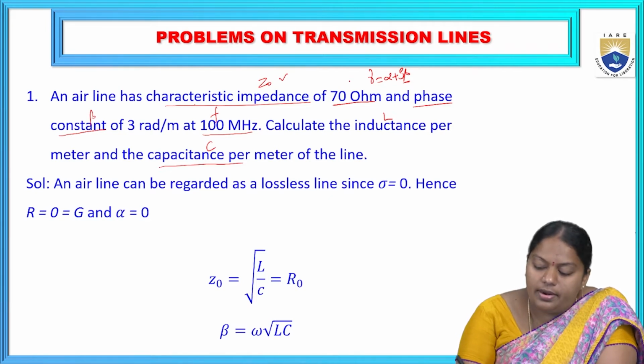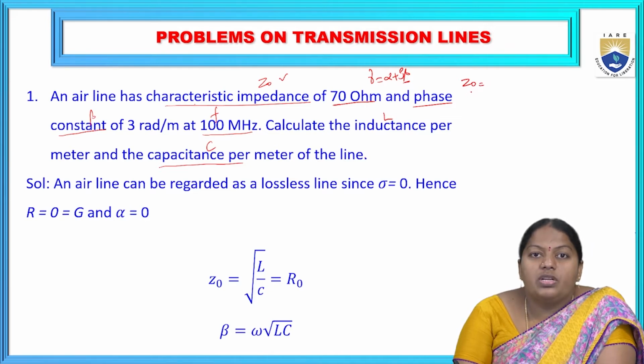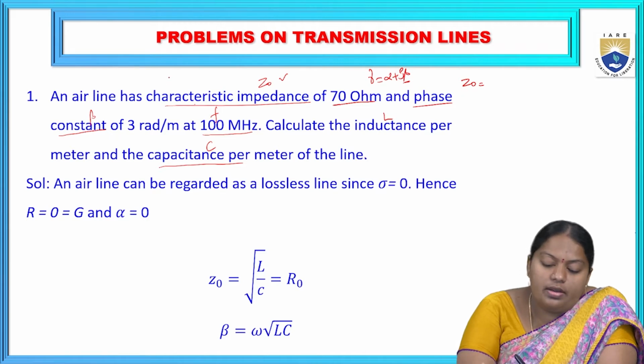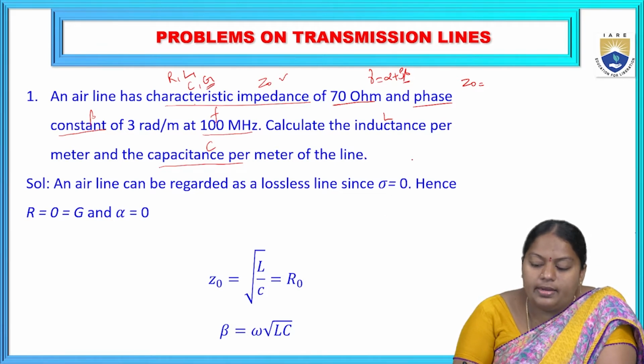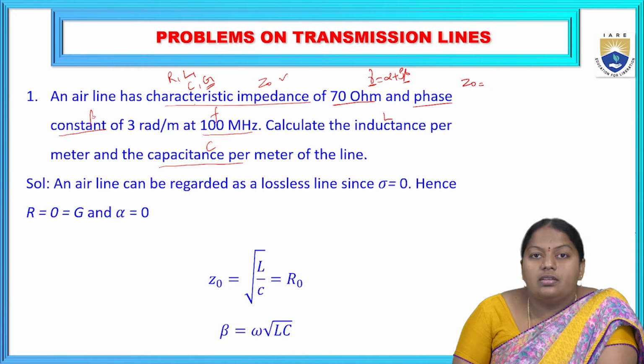As we know, resistance R, inductance L, capacitance C and conductance G are called the primary constants of a transmission line, and the characteristic impedance Z0 and the propagation constant gamma are called the secondary constants.